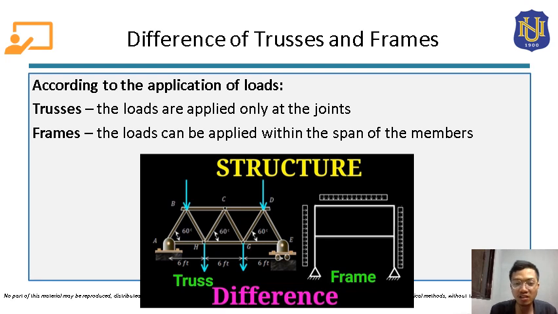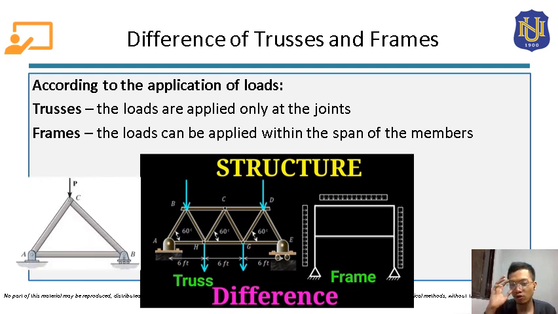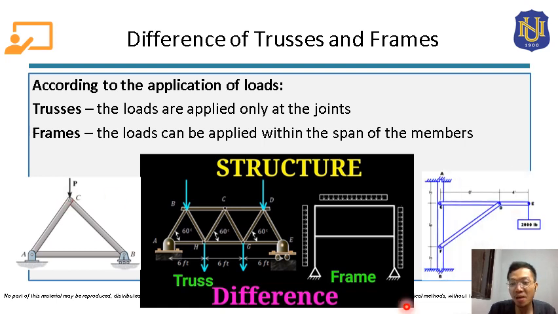Also, it is important to know that for trusses, the bars are attached end to end, while in frames, there can be members that can be attached within the span of another member. For this member, let's say member DF, this is actually attached within the span of member CE.